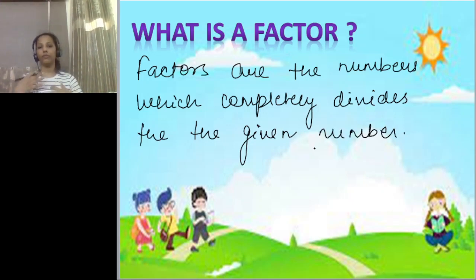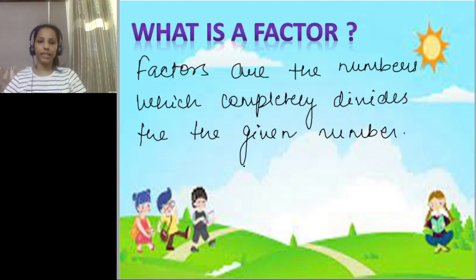So if we are given a number, I'll say 6, and we see that 1, 2, 3, and 6 completely divide the number 6, then the numbers 1, 2, 3, and 6 are the factors of 6.